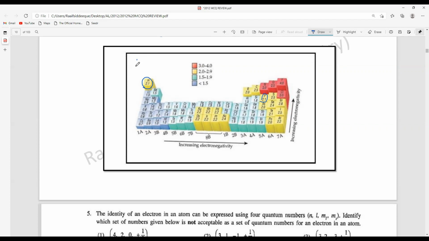For example, if you have HCl, hydrogen will be 2.1 and chlorine will be 3. So the electronegativity difference is 3 minus 2.1. So there is a higher electronegativity towards chlorine. You can see there is an electron cloud shift toward this side. So it will be delta negative this side, and delta positive this side. Okay. So that is how you measure the electronegativity difference.